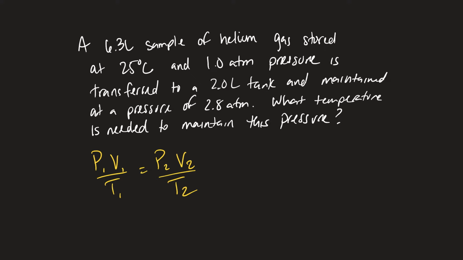All right, so let's go ahead and highlight what we have here. So we got a 6.3 liter sample of helium gas, and it's stored at 25 degrees Celsius at 1.0 atm pressure. All right, and it's transferred to a 2.0 liter tank and maintained at a pressure that is 2.8 atm.